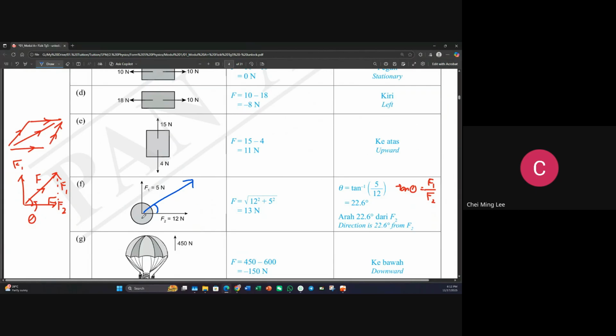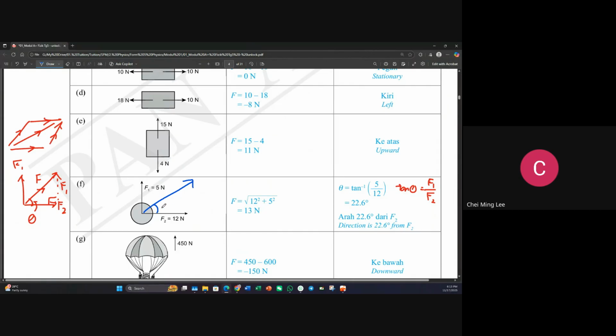Now for this one, we have a 12 Newton force here and 5 Newton here. So the resultant force will be this one. I resolve this to here, so it becomes a triangle with 12 and 5. So we can use Pythagoras' theorem: 12 squared plus 5 squared, so you get 13 Newton.